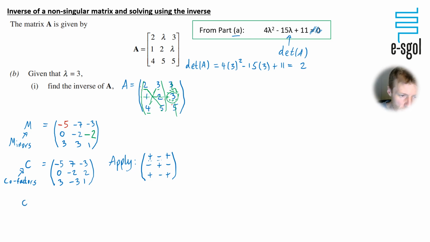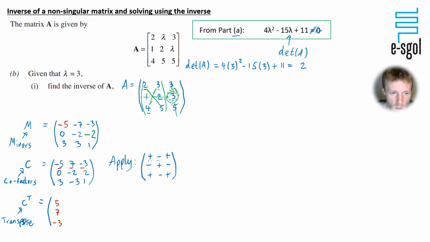Next, we find the transpose of this. We basically turn all of the rows into a column. So this row here, 5, 7, minus 3, I'm going to turn it into 5, 7, minus 3.